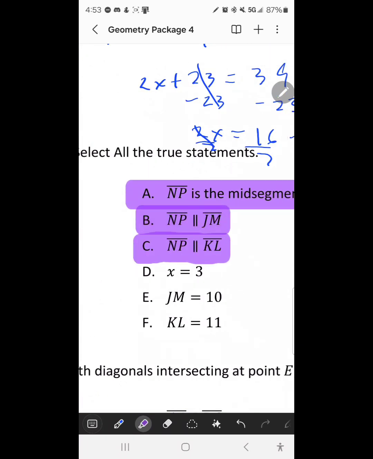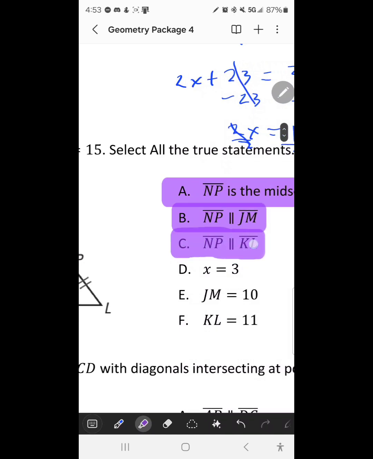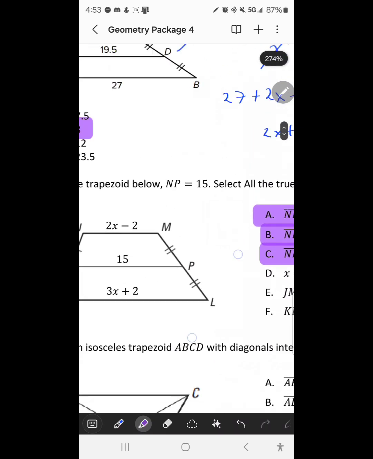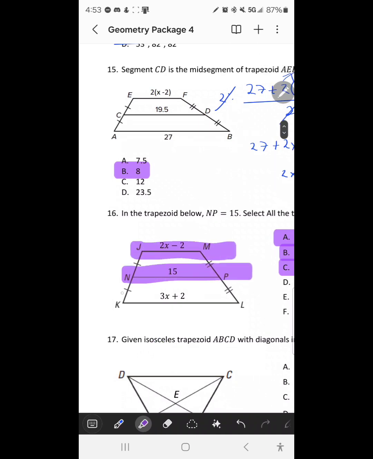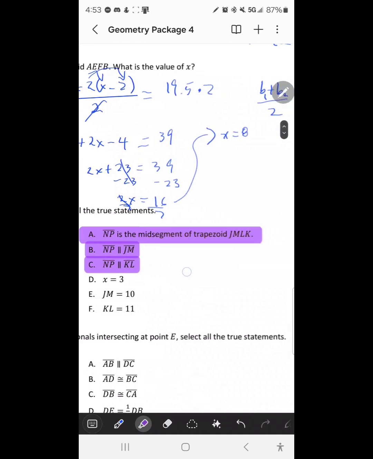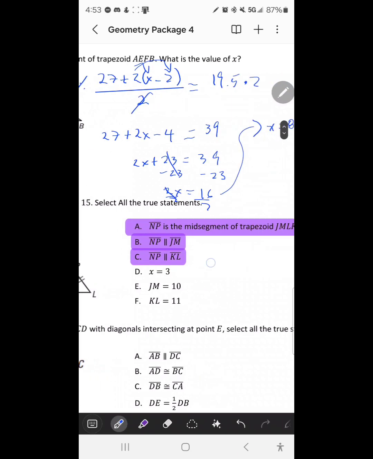So yes, with KL, which is the bottom line. So these three lines are parallel to each other. Now x equal 3, we don't know that, but we're going to calculate it.